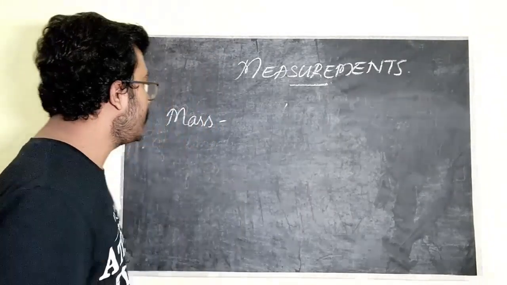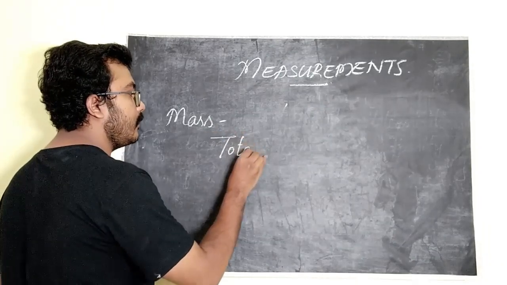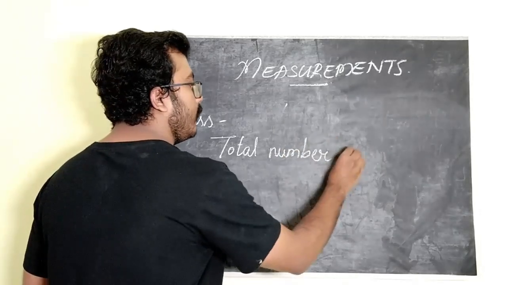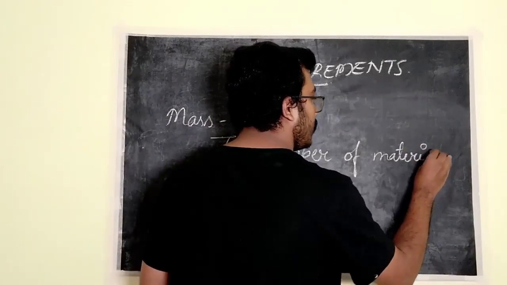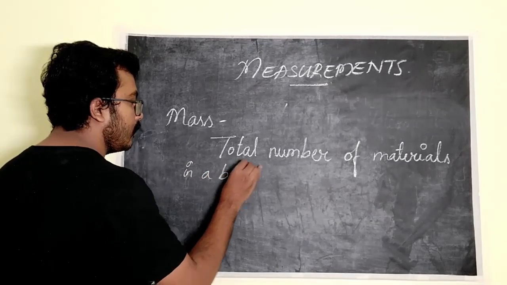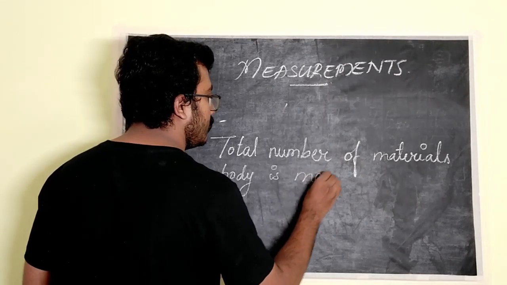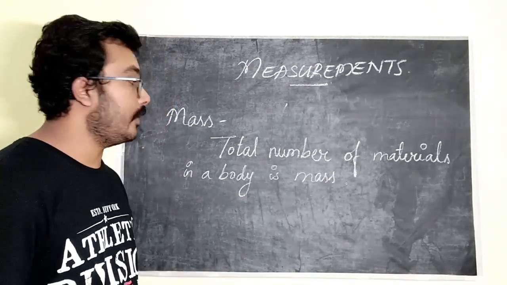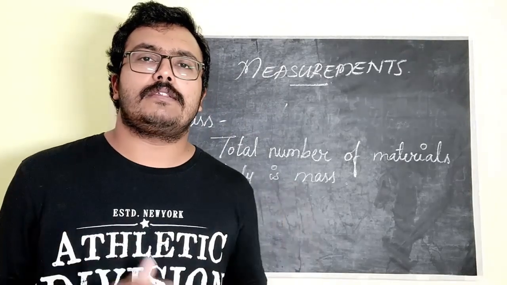Either way you can write it. Total number of materials in a body is mass.